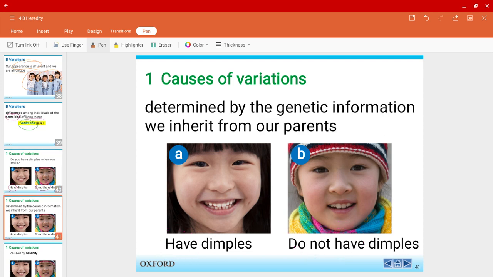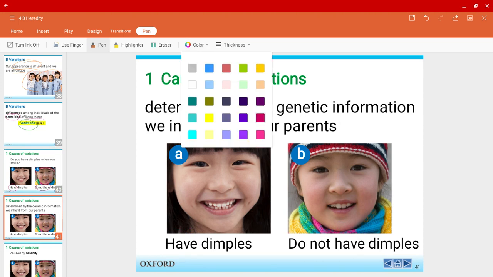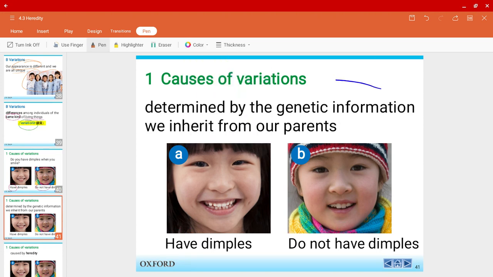So, what causes variations to begin with? Earlier in this unit, we learned about genetic information, and we know that variations can be determined by the genetic information that we inherit from our parents. Does this statement sound familiar to you?